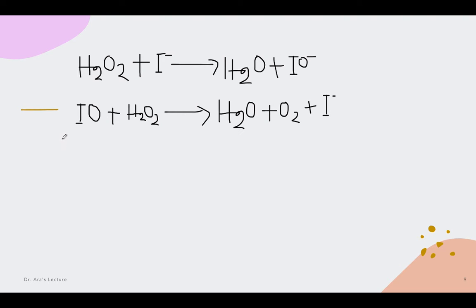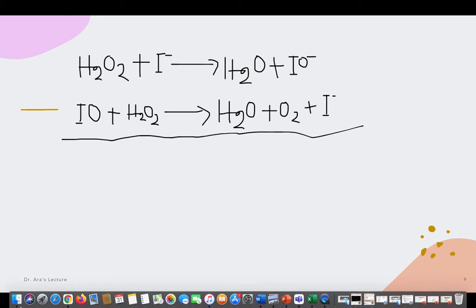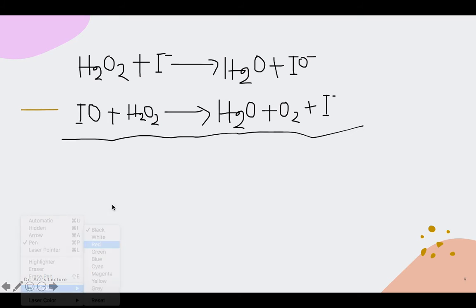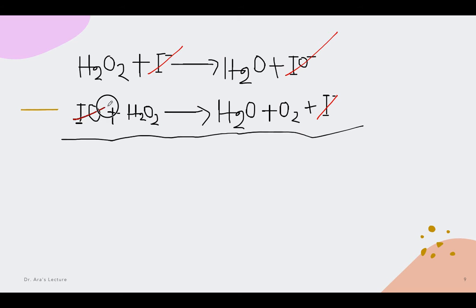So now if we look into the reaction, what we are getting, let's take the color red. So it seems we can nullify here, we can nullify here, and then what we have is the overall reaction: 1 mole hydrogen peroxide plus another 1 mole.